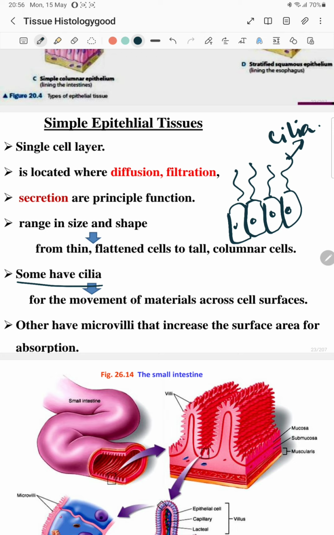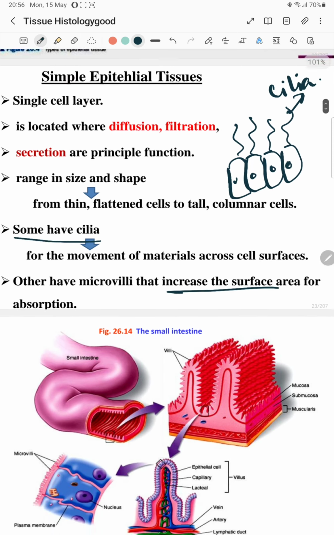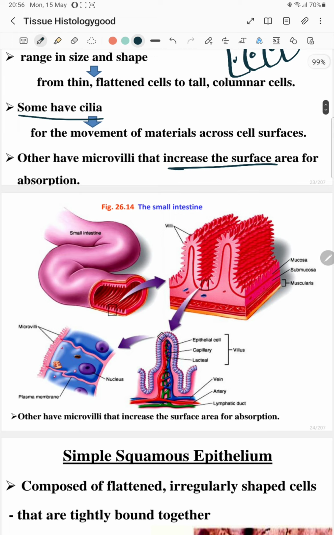What this cilia does is increase the surface area of those cells. Especially these villi are found in our intestine also. So they help in absorption.